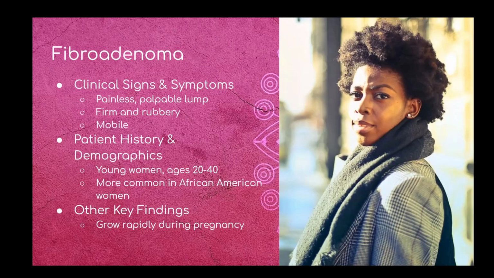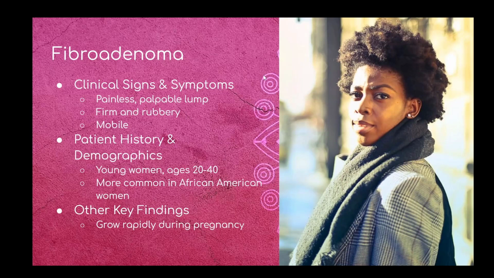Now, fibroadenomas are also a very common finding. They are more common in African American women, and this also affects younger patients, so in that 20 to 40-year-old range. Fibroadenomas are basically just a reorganization of breast tissue. They are the most common benign breast lesion. And these also respond to estrogen.